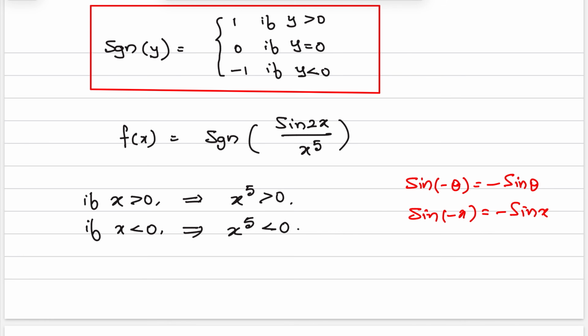That means if x is negative, then sin minus x is also negative. Sin 2x will also be negative. If x is positive, then sin 2x will be positive. Are you able to understand? Now, let's move further. This is the behavior of this function.